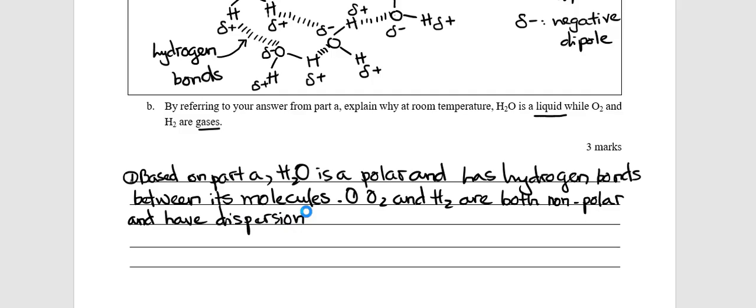I think it's very obvious that they are non-polar because you don't have any difference in electronegativity at all between the 2 oxygen atoms, and between the 2 hydrogen atoms. Anyway, you have dispersion forces between the molecules. So that will be the first 2 marks.